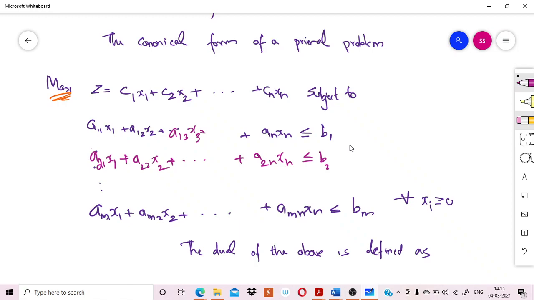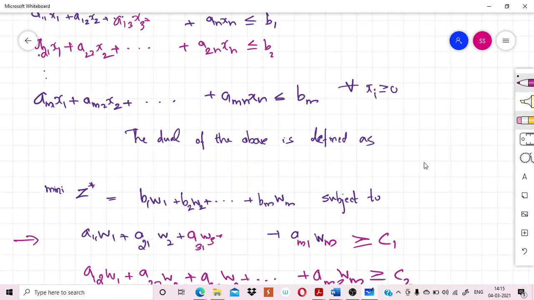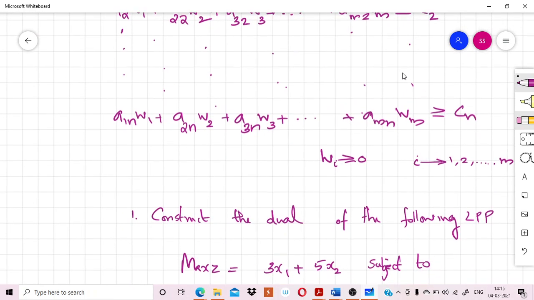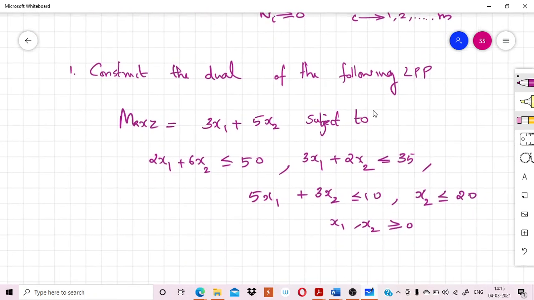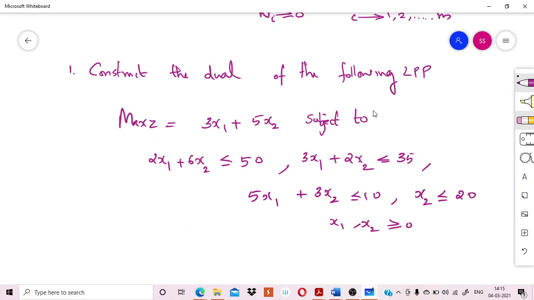In this case the constraints are less than or equal to, less than or equal to, less than or equal to, right? So it is in the standard canonical form, and also x1, x2 are greater than or equal to 0. So you can conclude that it is in the canonical form.